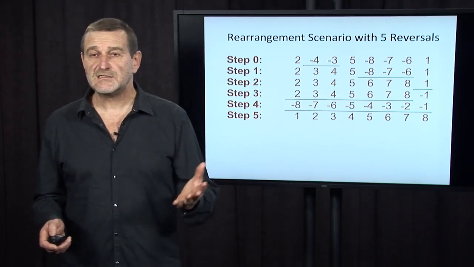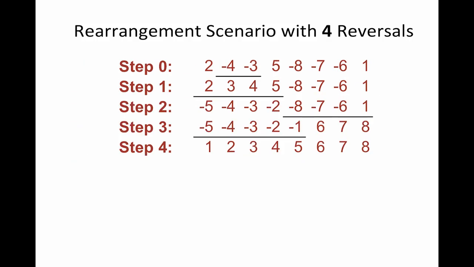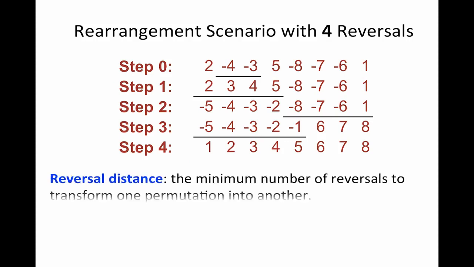In this case, we transform the permutation into the identity permutation, which is +1, +2, up to +8, with 5 reversals. Is it the shortest scenario? No, because there is a shorter scenario that transforms the same permutation into the identity with just 4 reversals.